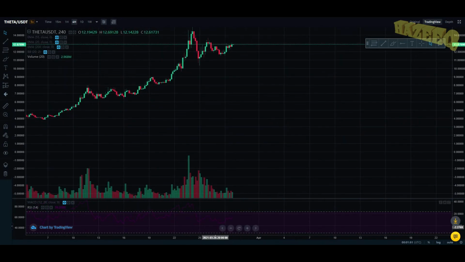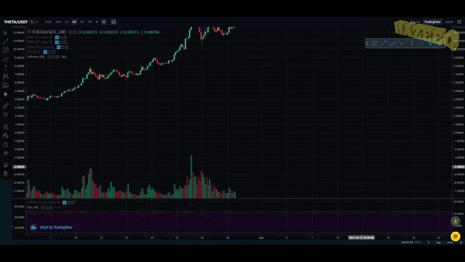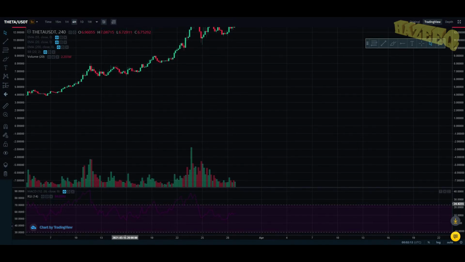So if we are very low over here, that means we were kind of oversold. Now because of my desktop, it doesn't show the actual numbers here, but as you can see, we are not overbought right now. And if we go anywhere above the 70 level, that means that we are overbought.